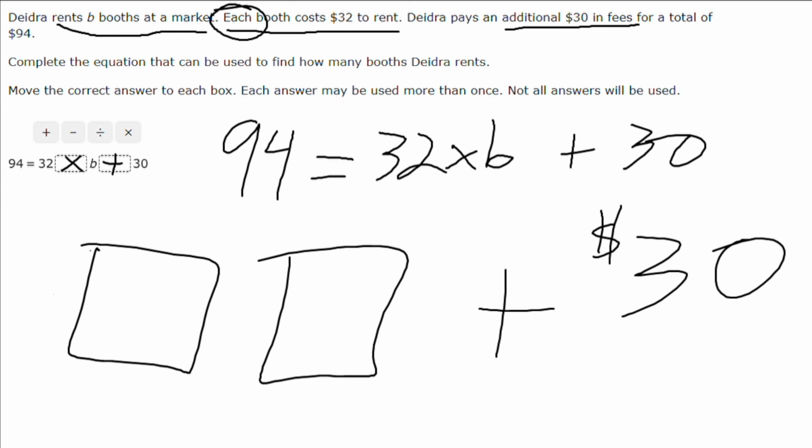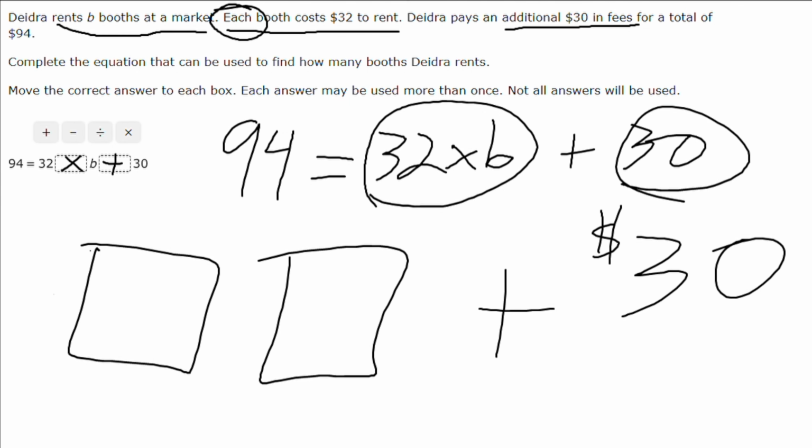All right, and if you remember PEMDAS, you remember that you multiply first before you add. All right, because PEMDAS is P parentheses, E exponents, M multiplication, D division, A addition, and S subtraction. So multiplication comes before addition. So in total, this is the correct answer.